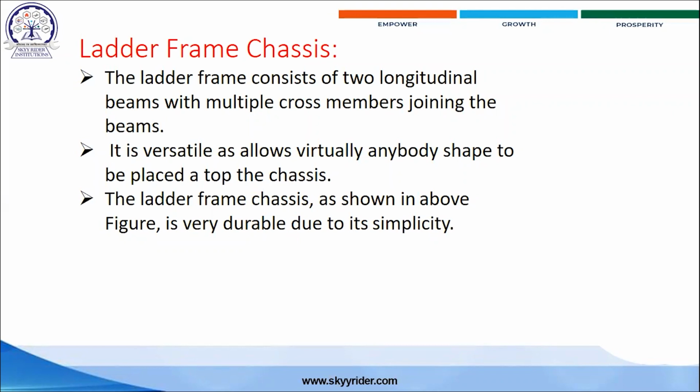Now the ladder frame chassis is very simple. The ladder frame consists of two longitudinal beams with multiple cross members joining the beams. As you can see in the previous slide, two longitudinal beams are connected by multiple members as per your requirement.